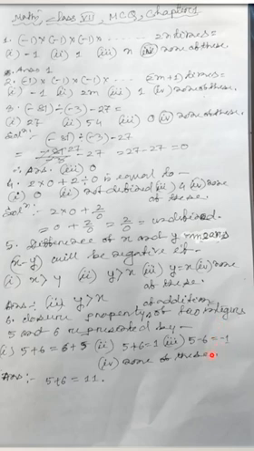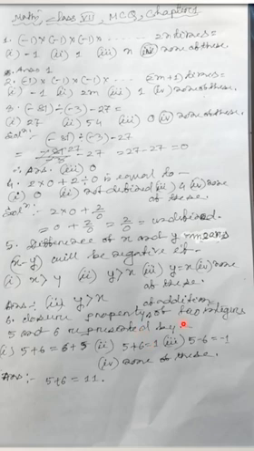Therefore, if you subtract two integers, their result is also an integer. If you subtract one integer from another integer, then the result is also an integer. So it is called closure property. And another option is none of these.